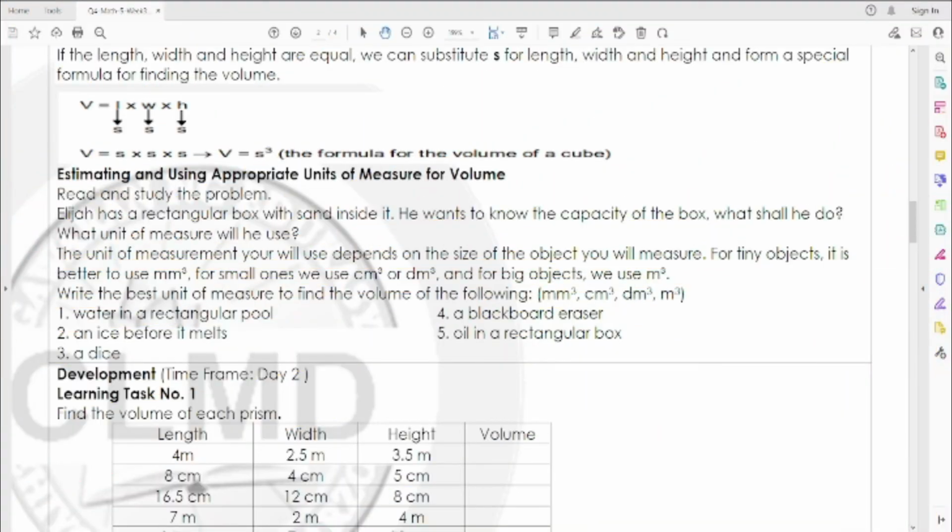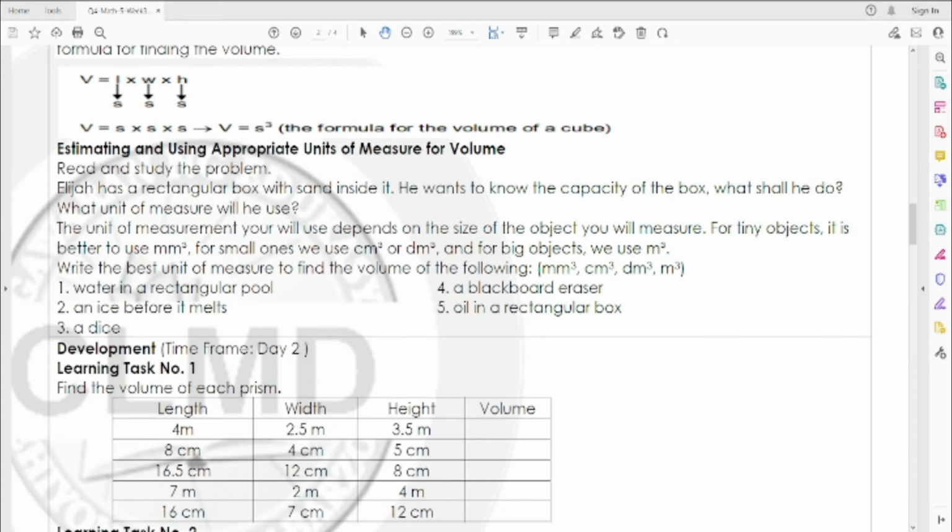Write the best unit of measure to find the volume of the following: cubic millimeter, cubic centimeter, cubic decimeter, and cubic meter. Number 1, water in a rectangular pool. Number 2, an ice before it melts.